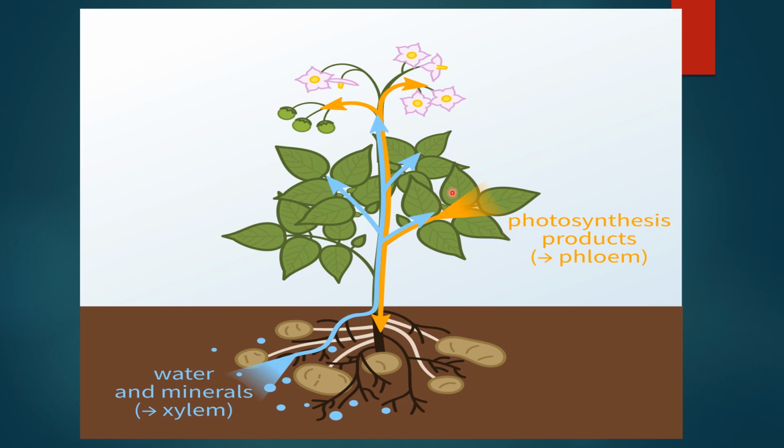Once the leaf makes the food, it has to be transported to the other parts of the plants with the help of phloem. The extra water in the leaves gets excreted from the plants in the form of tiny droplets with the process of transpiration.